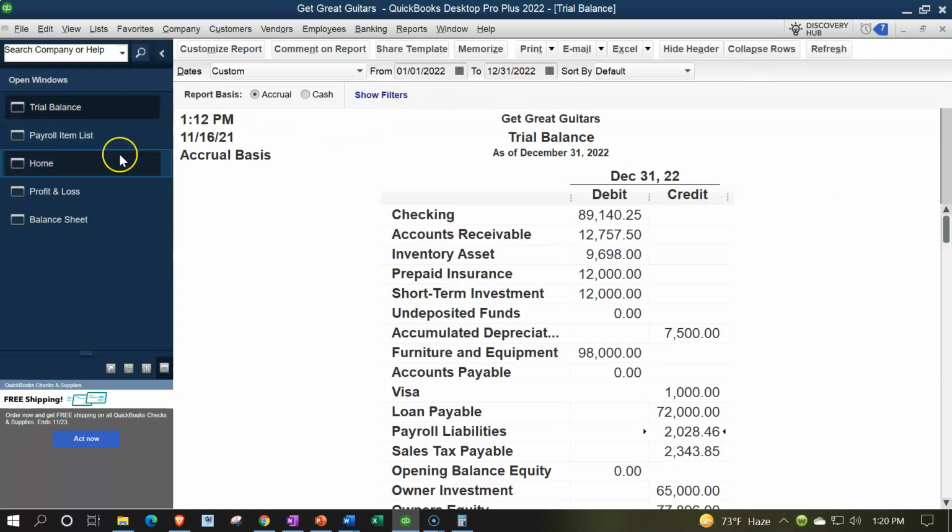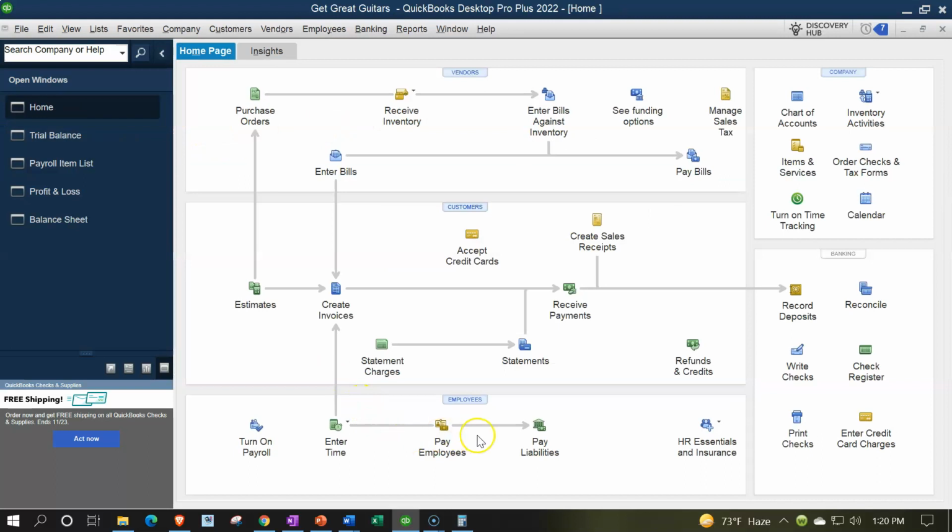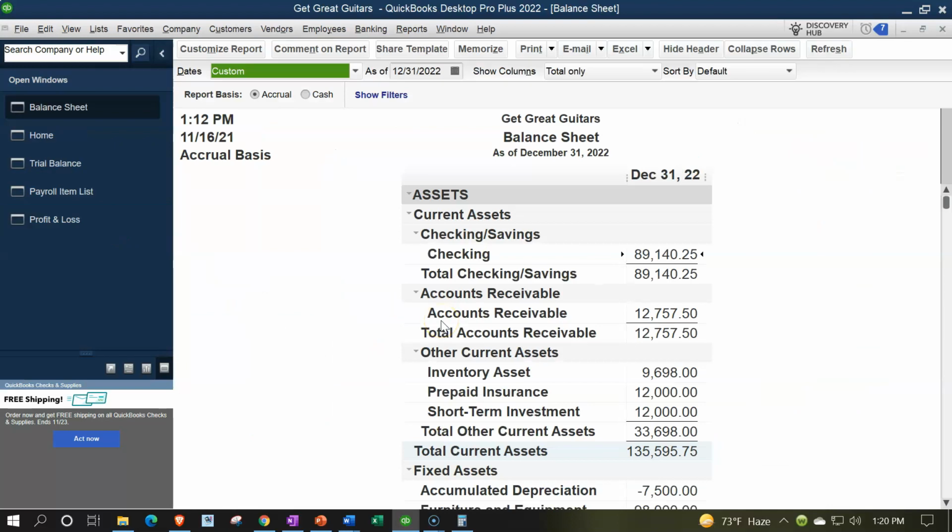If we go back to the home page, then that means the next step is going to be, after we process the payroll at some point, to pay the liabilities, decreasing the liabilities back down. If you take a look at the balance sheet, you could see these items here, same kind of thing.